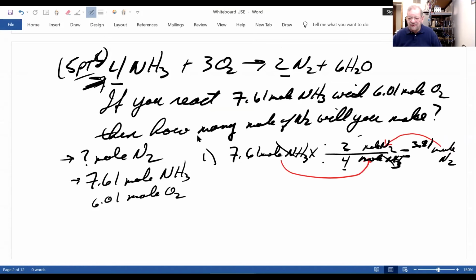So we're going to get 3.81. Now for the other one, I'll use moles of oxygen. I want to get, again, 2 moles of nitrogen.